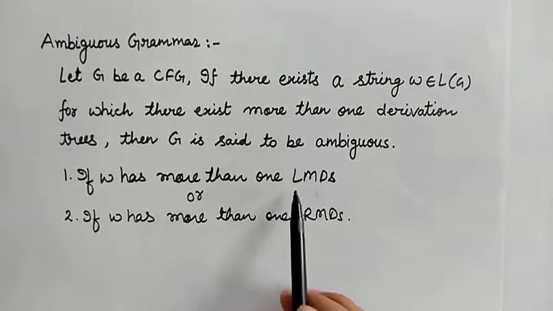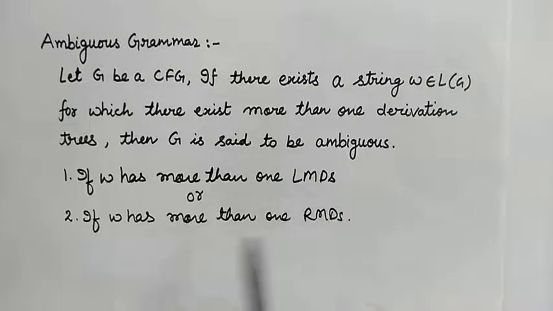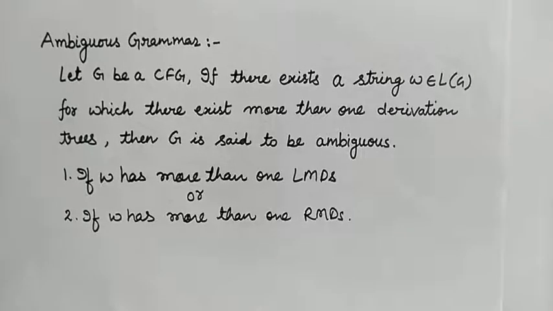Surely if the string has more than one leftmost derivations, then there will be more than one rightmost derivations also. But one thing we have to keep in mind, that if W has one leftmost derivation and one rightmost derivation, then that is not ambiguity. W should have more than one leftmost derivations. Then only we would say that the grammar is ambiguous.